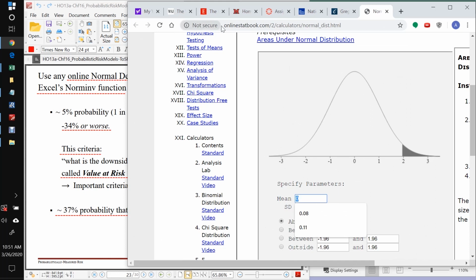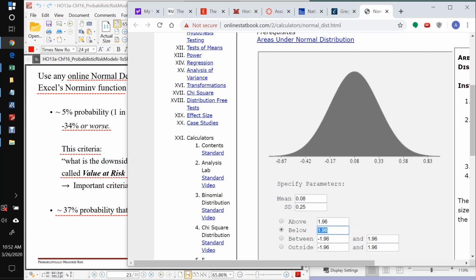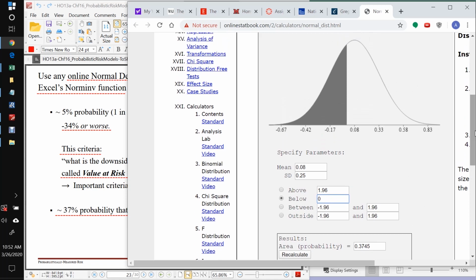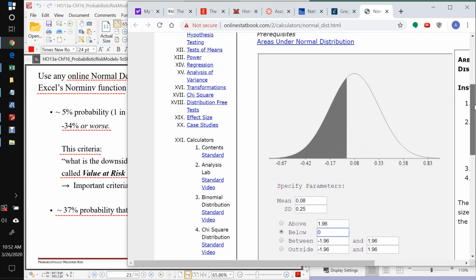So you can see what I'm using here. I've got the URL up here. It's pretty simple. I'm going to put in our mean of 8%, and our standard deviation of 25%, and I want below 0. Okay, and what I find for that is that we have about a 37% probability in any given year that we're going to have a negative return.